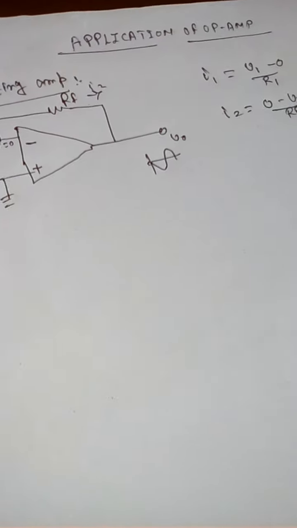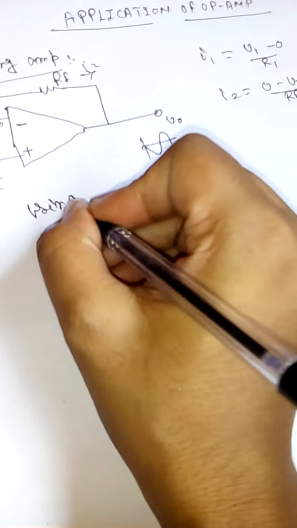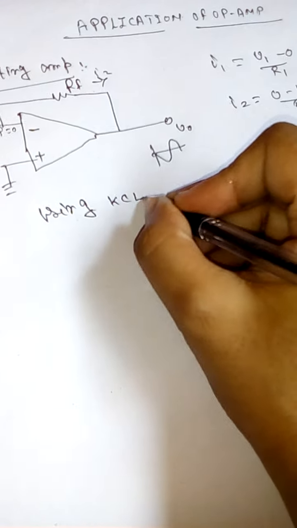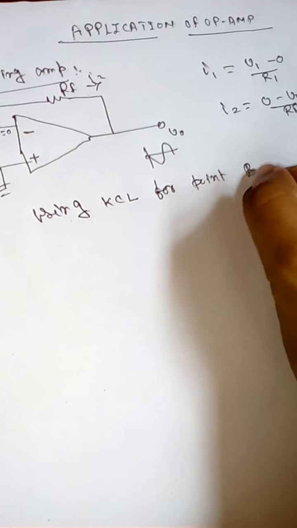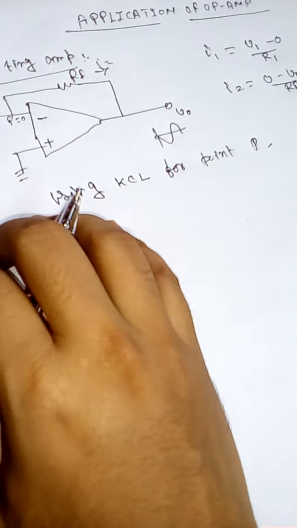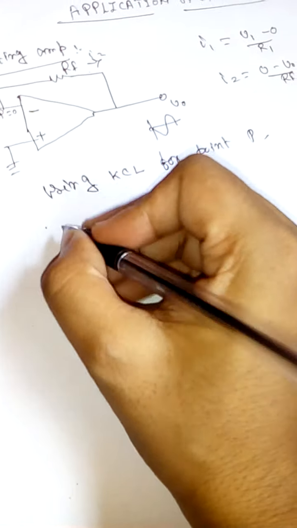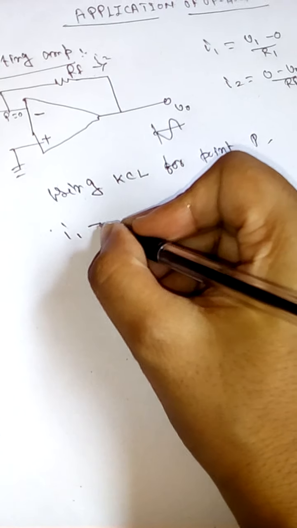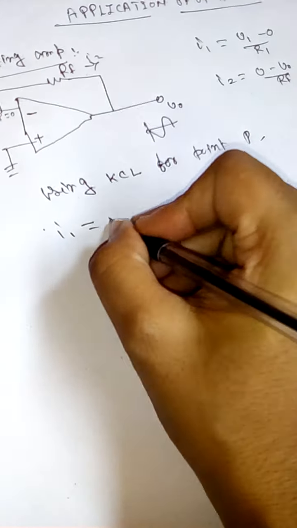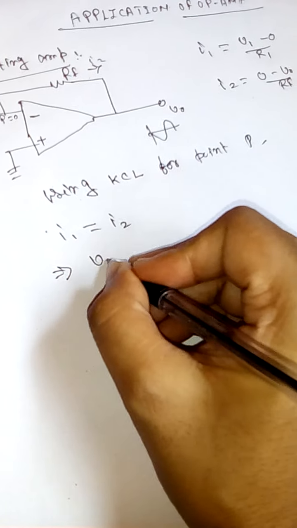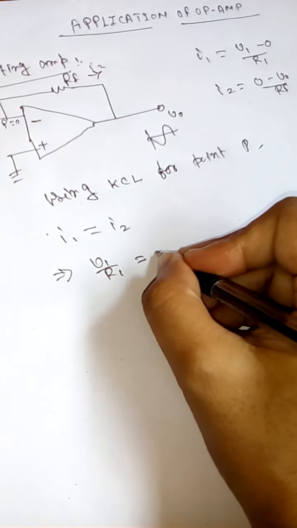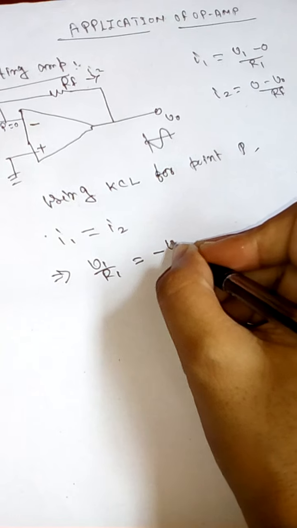Using Kirchhoff's current law, KCL, at point P, we see that I1 equals I2, current entering is equal to current leaving. So I1 is V1 by R1, which is nothing but minus V0 by RF.